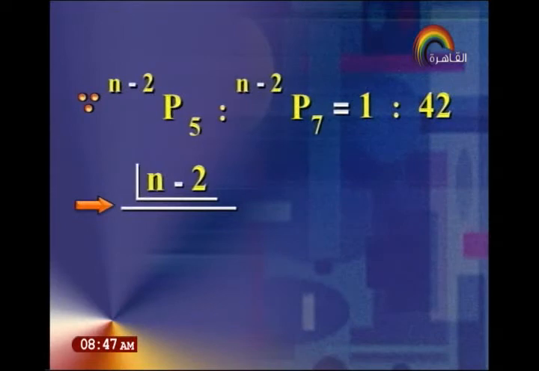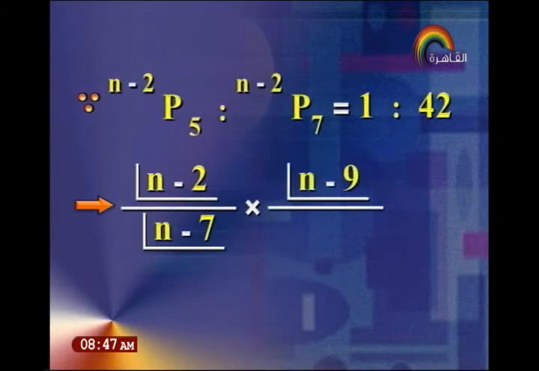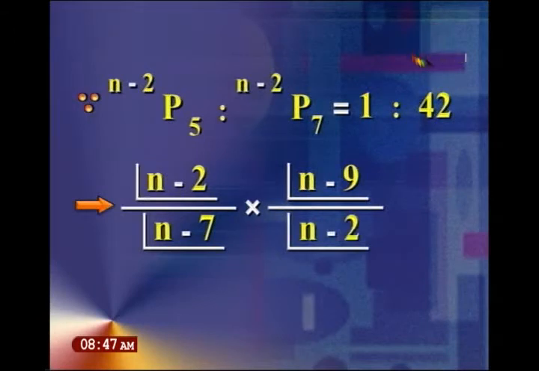Therefore, by using permutation, what is (n-2)P5? Factorial (n-2) over factorial (n-2-5), or factorial (n-7), times, by using the reciprocal, factorial (n-9) up and factorial (n-2) down.